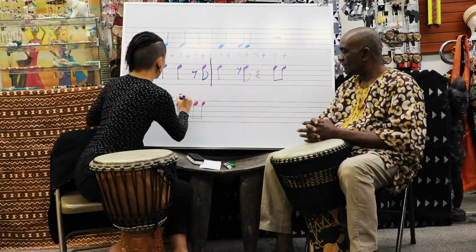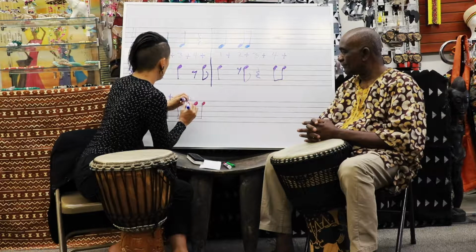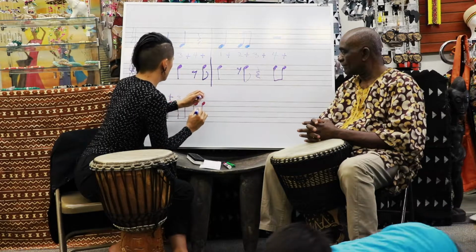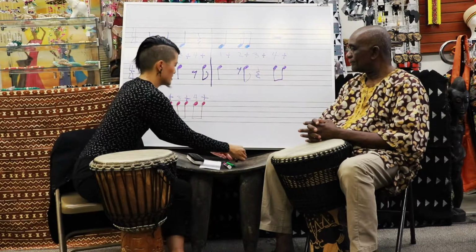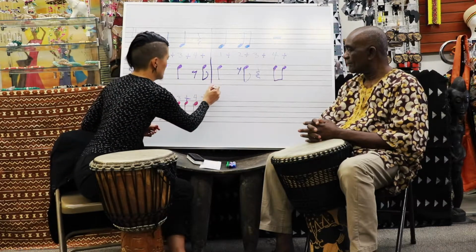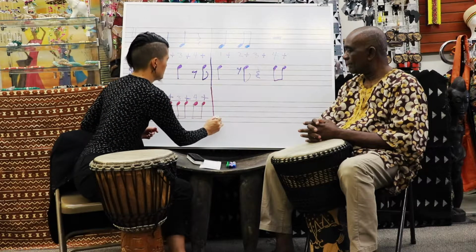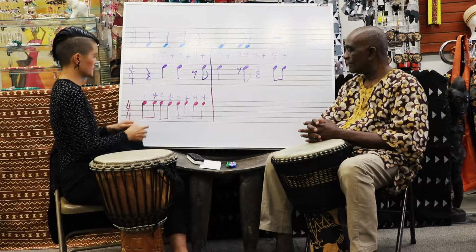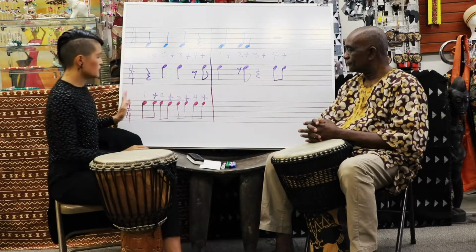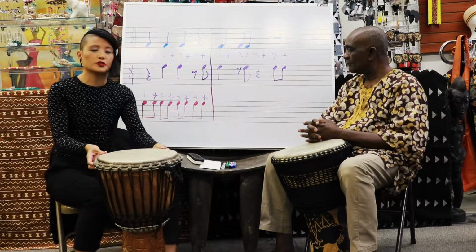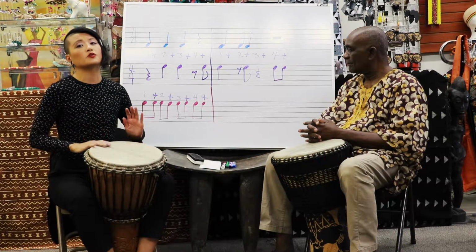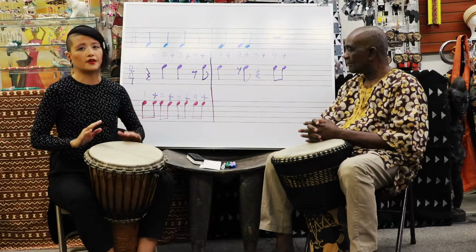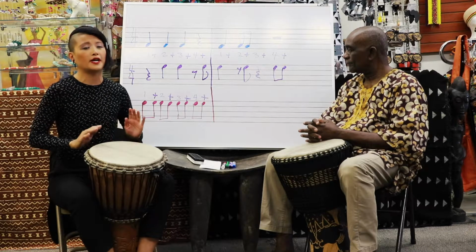Better. 3 and 4 and. Just like that. And here's our extended bar line. Okay, so notice that those are all even duple subdivisions. Just going 1 and 2 and 3 and 4 and, repeating.